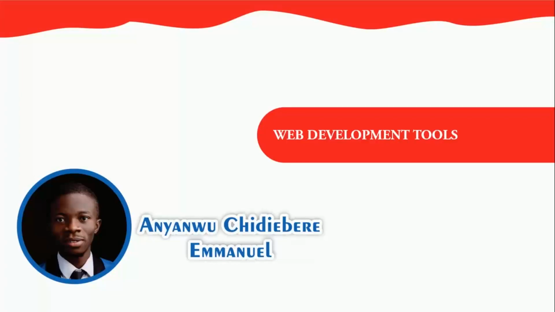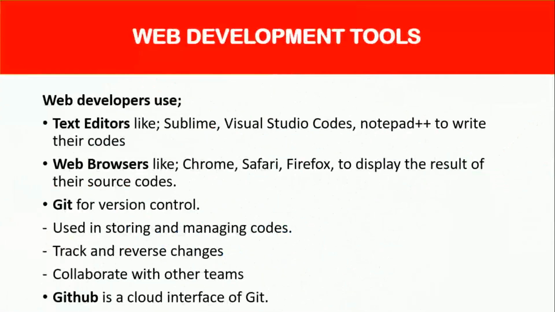In today's class, we'll be talking about web development tools. The first tool we'll talk about is the text editors. We've actually discussed this in our previous class, and we have some examples like Sublime, Visual Studio Code, and Notepad++.